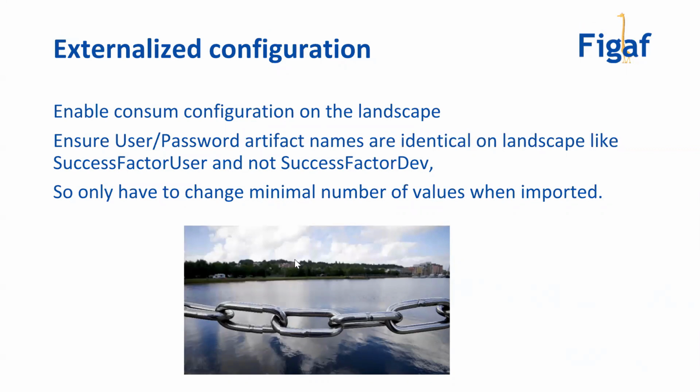If you ended up having a password parameter called dev, QA, and production in the different environments, you had to go in manually and edit these flows across the landscape, and that made it a bit complicated to see what was going on. So the fewer of these changes you can do, the better.